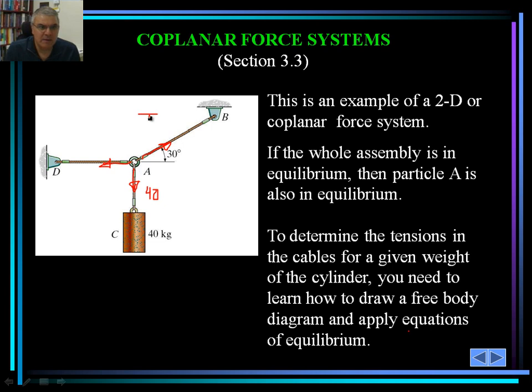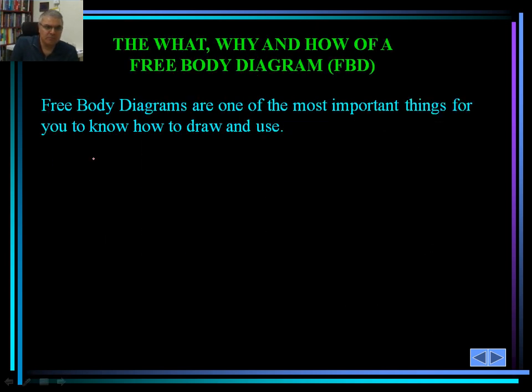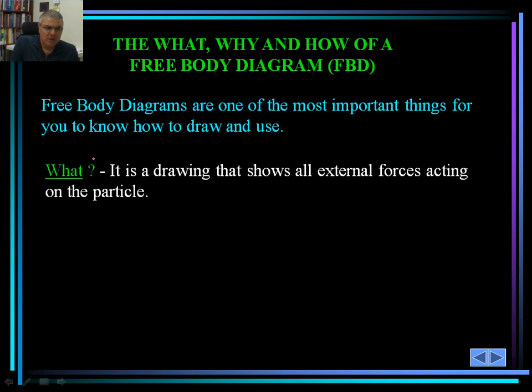Let me see if I can. This is A. Not bad. And T sub AD, and so on. So again, the free body diagram is essential in solving a statics problem.